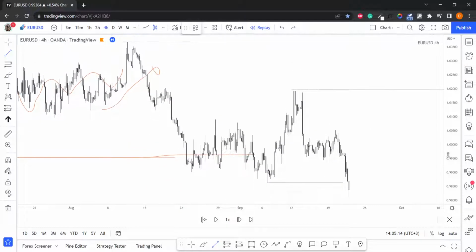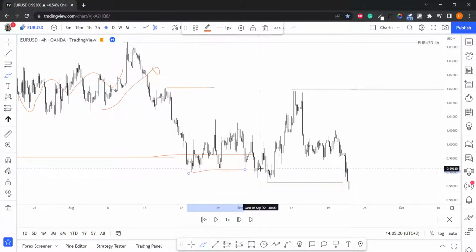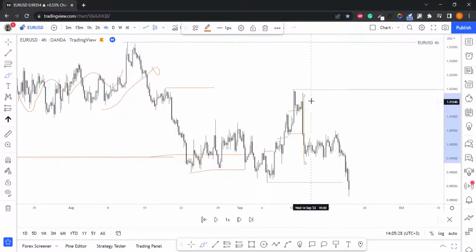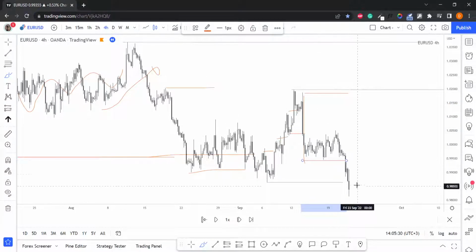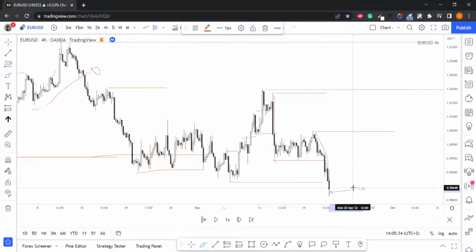So we have this impulse on 4 hours that was broken with this candle, and then we had consecutive shifts back bullish and then shift back bearish, and we are now in this bearish move on 4 hours, as you see.